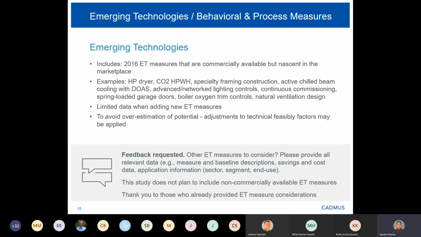So I probably don't need to open it up for everyone, but please send an email with any emerging technologies that we should potentially consider. Any additional data would be very helpful. As I said before, there's not always a lot out there, so that would be great.